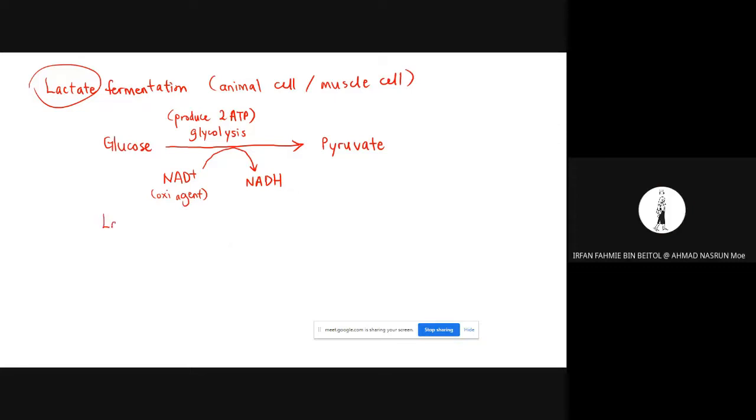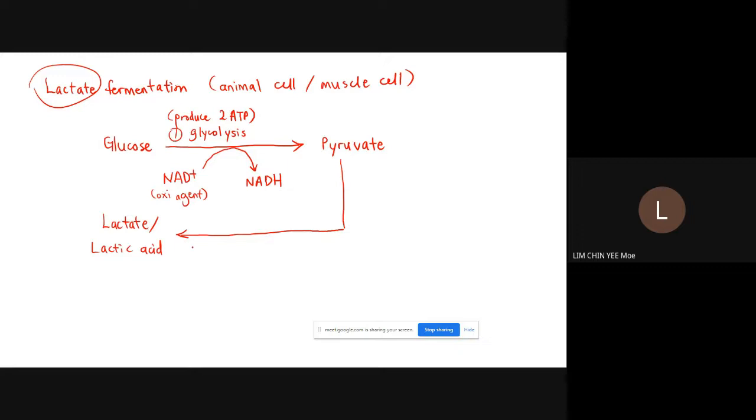Lactate, atau lactic acid. Okay. So pyruvate nak jadi lactate. Lepas glycolysis, mesti reduction. Now, reduction of what? Siapa yang reduce? Pyruvate ke lactate?